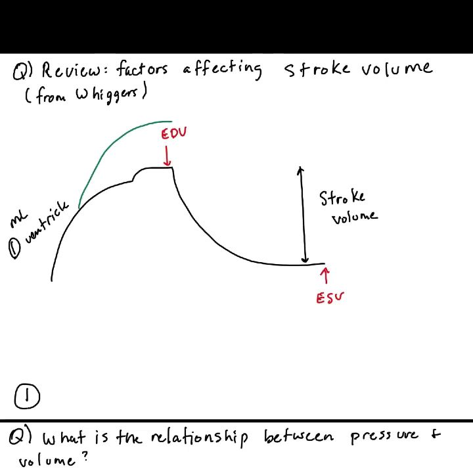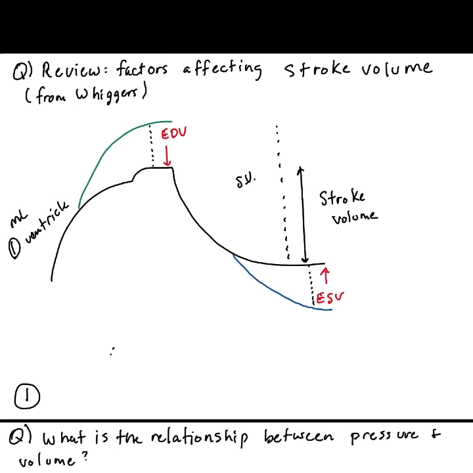Okay, so that was the case of a decrease in heart rate. We also looked at ways of affecting it where if we increase the force of contraction, right, then rather than having an ESV that looked like this, if we contracted more strongly for the same volume, we called that contractility, then our ESV could change. And so the idea is that if we look at either changes in EDV or changes in ESV, both of those together will change our stroke volume. So for example, that would be our new stroke volume. All right.